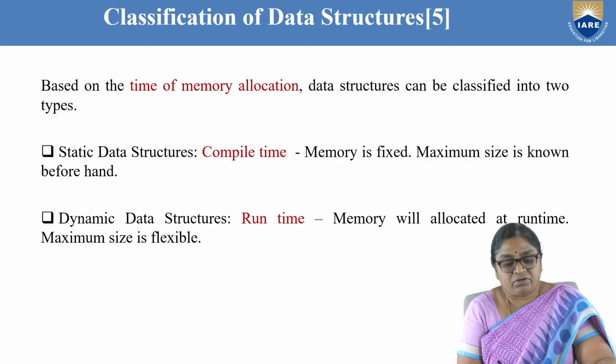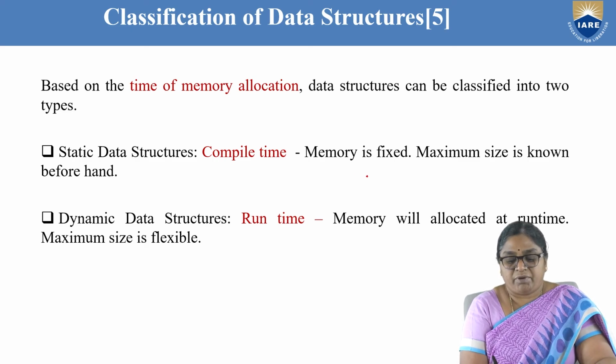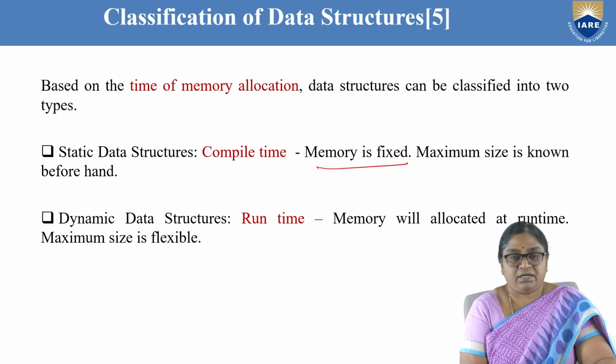And based on the time of memory allocation, data structures can be further classified into two types. One is static data structures and the other one is dynamic data structures. In a static data structure, the memory is fixed and is allocated at compile time.